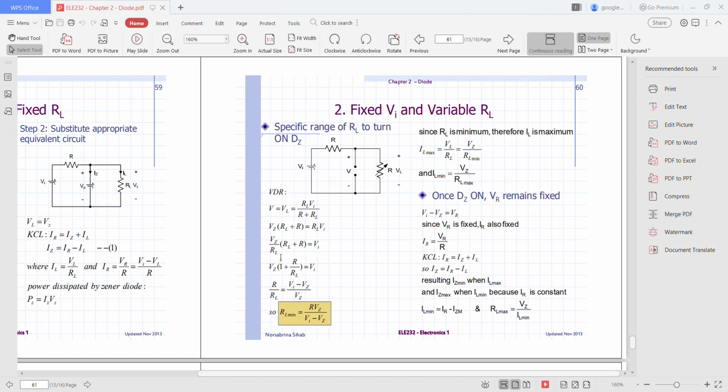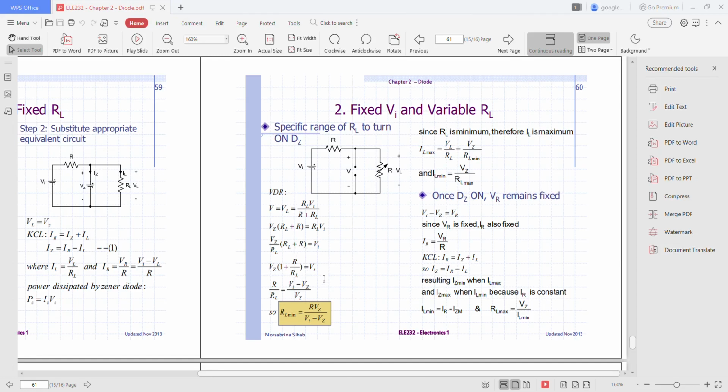So here, as you can see, if you multiply, you can get Vz times 1 plus R over RL. That is actually Vz multiplied by 1 over RL. So 1 over RL multiplied with RL plus R will become 1 plus R over RL.